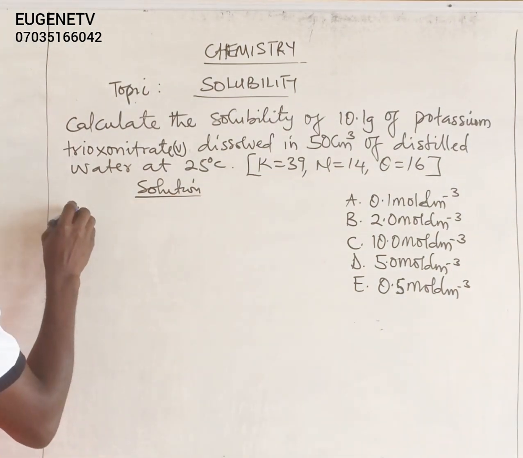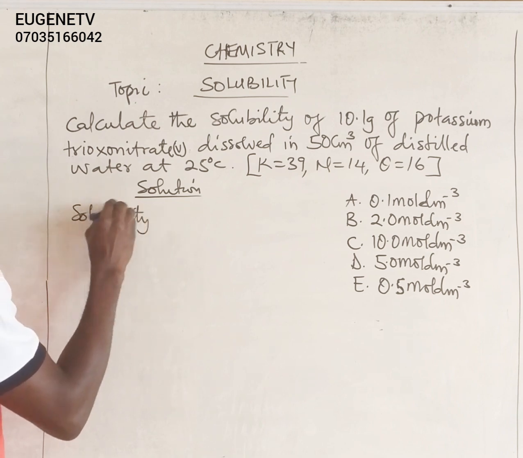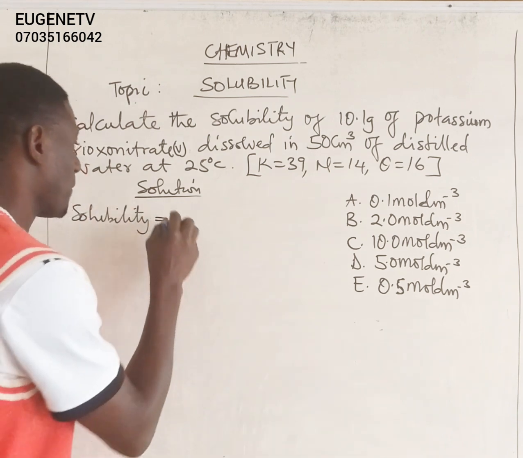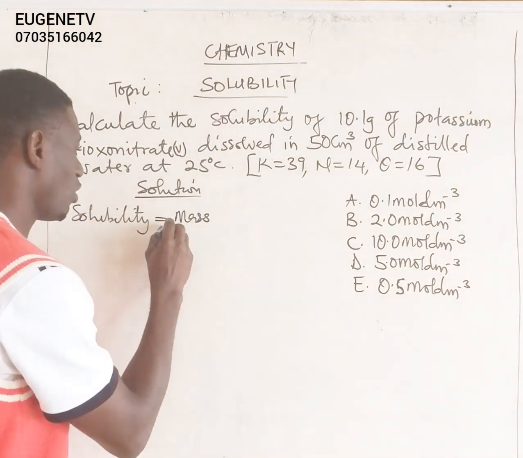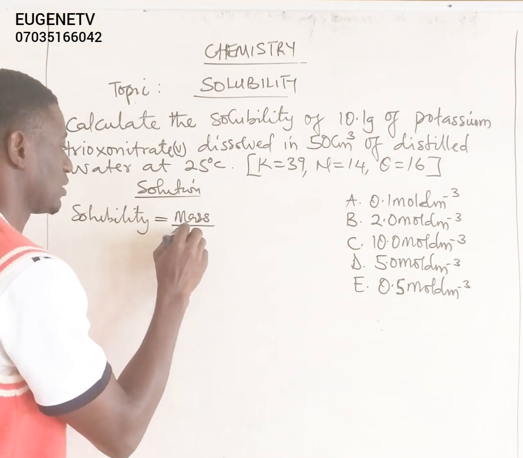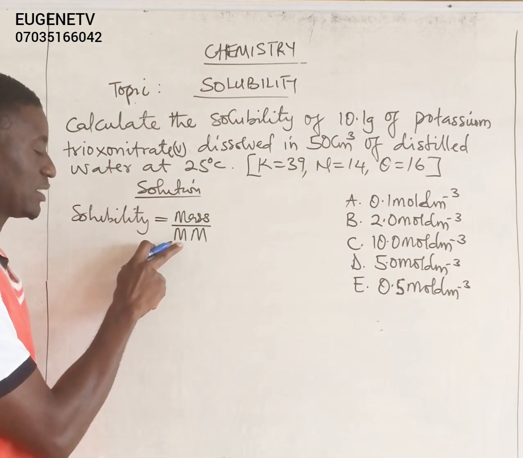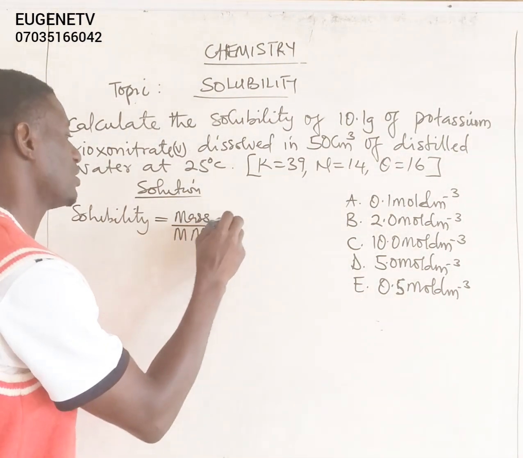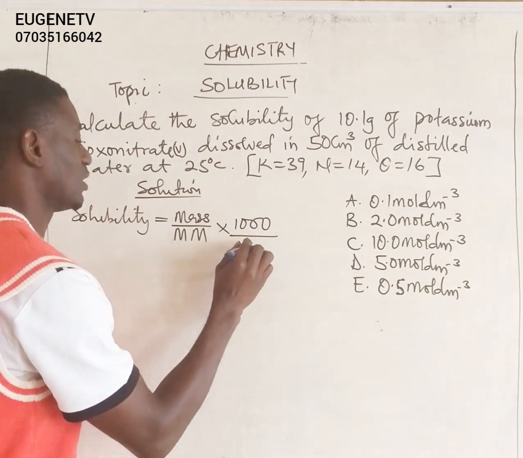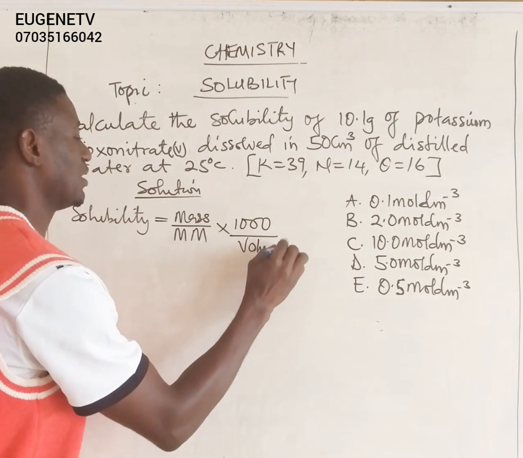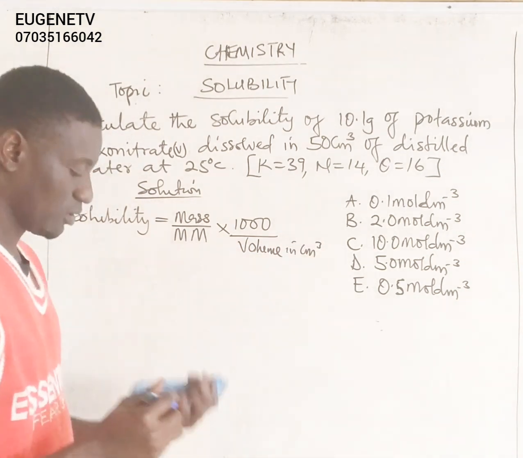Solubility is equal to mass, this mass is the mass of the salt, all over molar mass. For the purpose of our study here, I'm going to represent molar mass with capital letter M, times 1000 all over volume, and this volume is going to be in cm³.